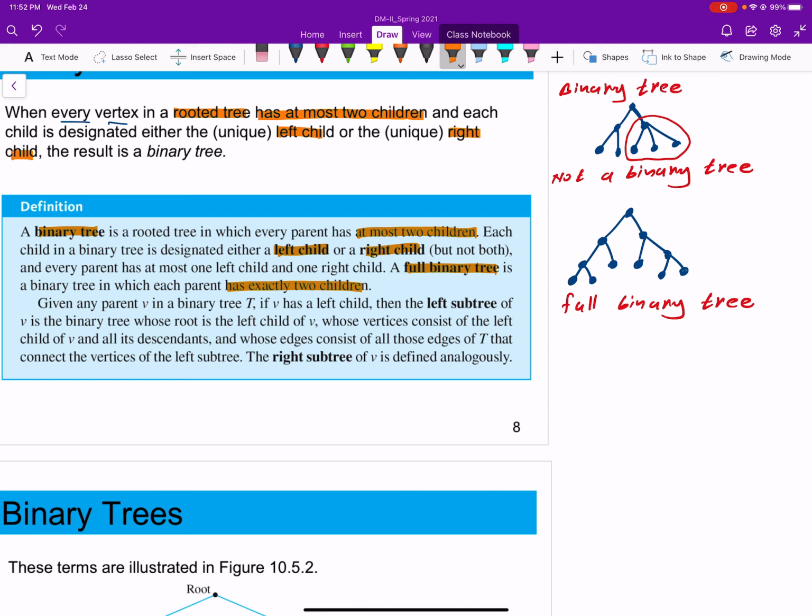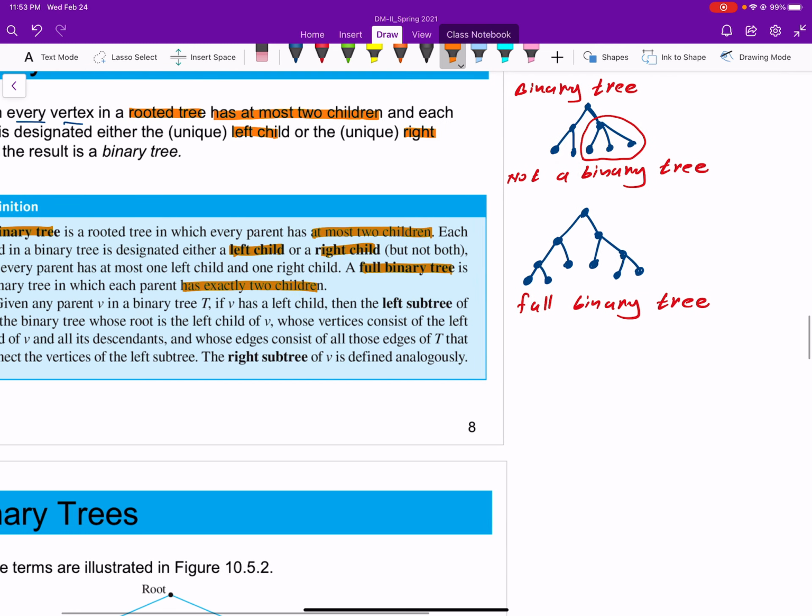Given any parent v in a binary tree T, if v has a left child, then the left subtree of v is the binary tree whose root is the left child of v.